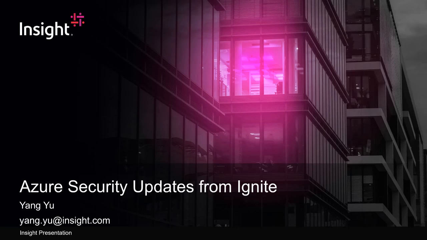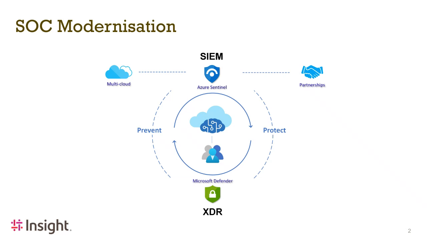Hi, everyone. I just want to share some security updates from this Ignite. Microsoft delivered a clear message: modernizing the Security Operations Center, SOC, pivots around two things, the SIEM and the XDR. SIEM is Security Information and Event Management, and XDR is Extended Detection and Response.